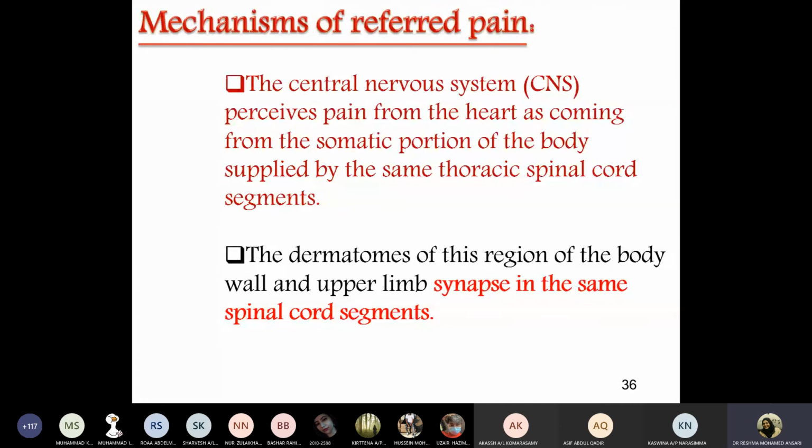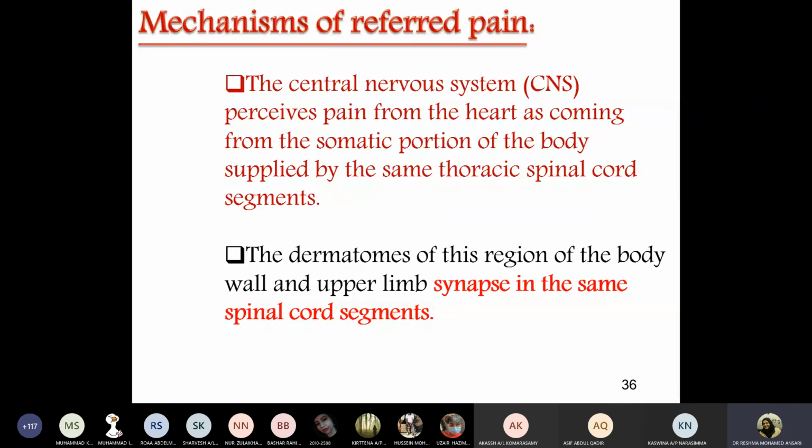Heart attack means lack of blood supply to the heart. So when the person has lack of blood supply to the heart, the pain is carried by the sympathetic fibers from T1 and T2. They will travel through the same spinal nerve. They have to go to the spinal cord. When they go to the spinal cord, the brain will think it is not coming from the heart. The brain will think it is coming from the body wall as well.